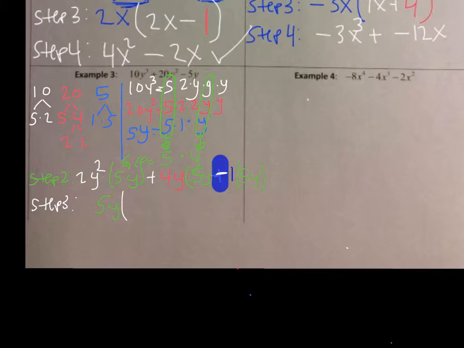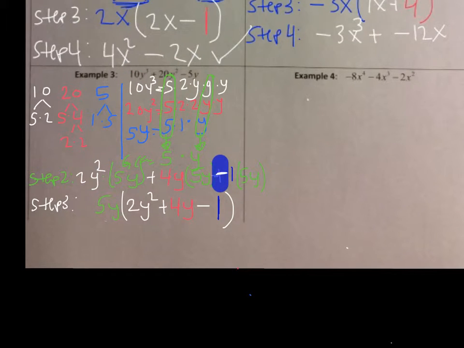We're going to multiply that by 2y squared, which is the piece that's left on that part, plus 4y minus 1. As you can see, this is the complete factored form of our original polynomial.